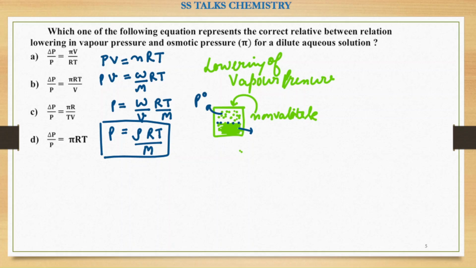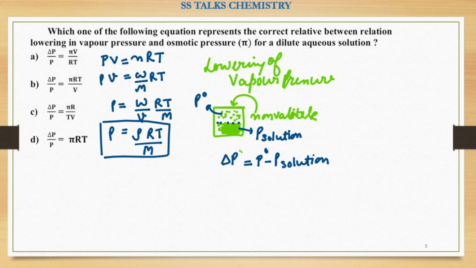When we add the non-volatile solute, it becomes the pressure of the solution. Why is it less? Because the non-volatile solutes that we have added occupy some of the space above the liquid, so a lesser amount of pressure will be generated. So some change in the pressure will be there, denoted as delta P, which is equal to P naught minus the pressure of the solution.